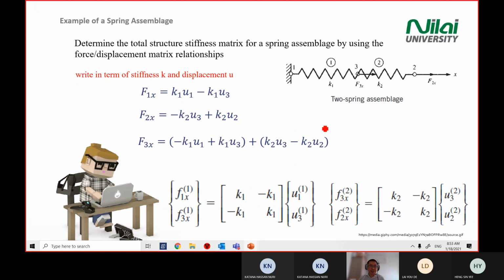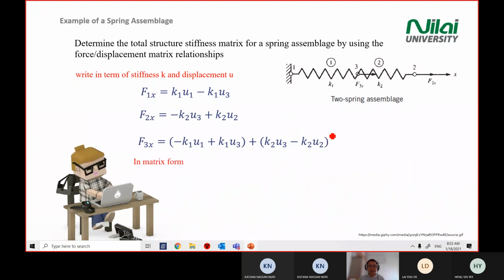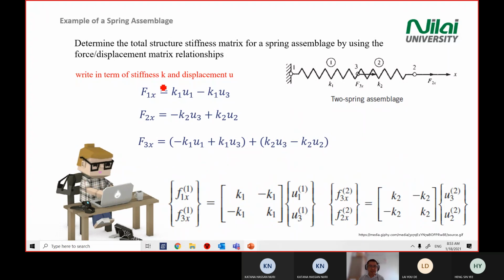Okay, so we get these three equations. Then we put them into matrix form again. Okay, these three equations we derived from the element matrices, right? Then we try to combine.